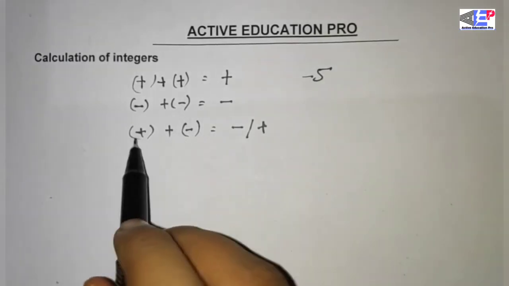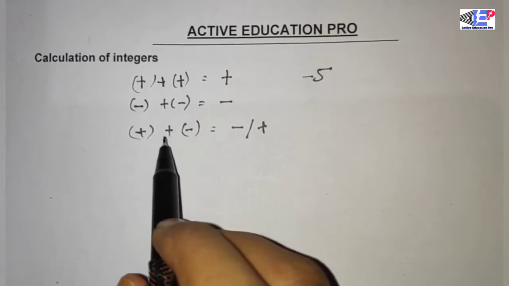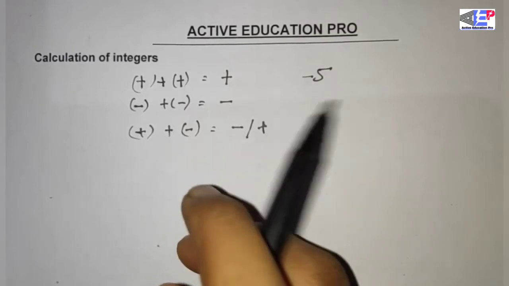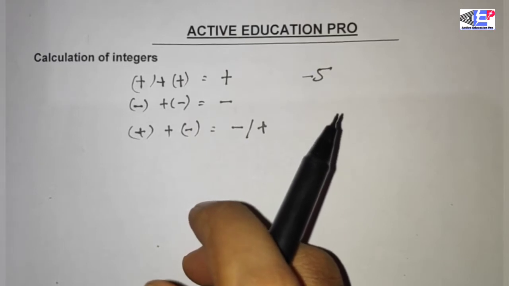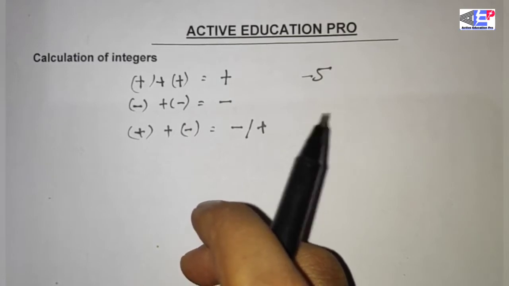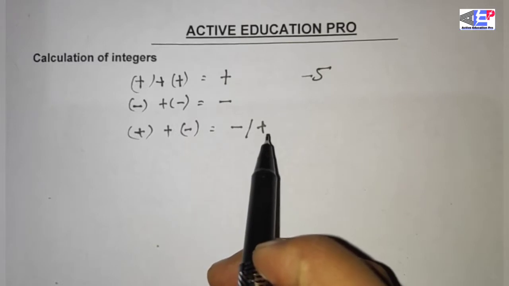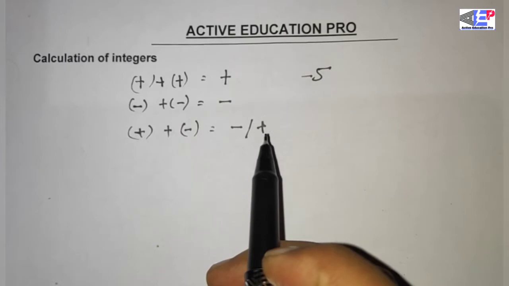So at the time of calculation with opposite signs, first you have to compare the numerical values and see which sign the highest numerical value contains. The answer, the addition of the two integers, will be of that same sign.